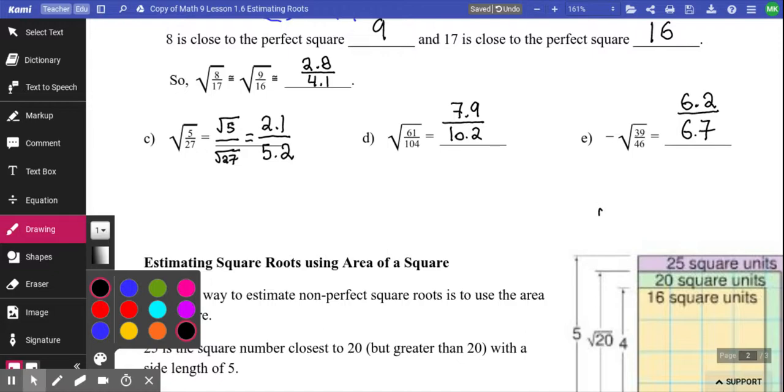So 6.2 makes sense. If you needed 6.1, perfect. 6.3, perfect. 46 is really close to 49, a little bit less. So a little bit less than 7 would be 6.7. So that's a wonderful answer as well. The negative in front of the radical still needs to be in front of my answer. So my answer would be negative 6.2 divided by 6.7.